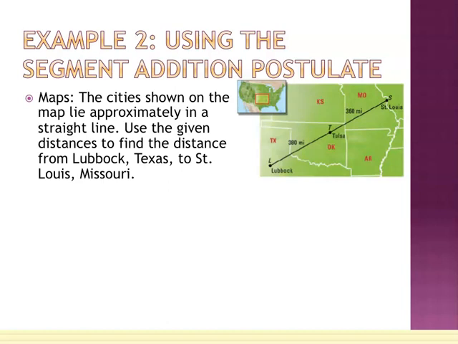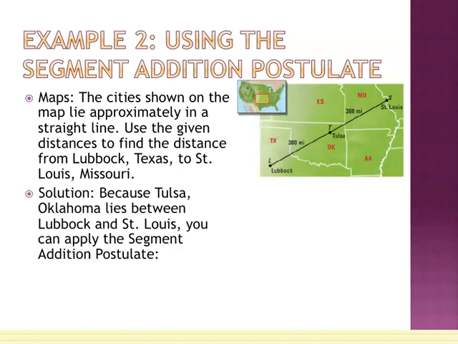Now, because in the diagram, you know that from Lubbock to Tulsa is 380 miles, and from Tulsa to St. Louis is 360 miles. So, because they're all collinear, you can use the segment addition postulate to find the distance from Lubbock to St. Louis.